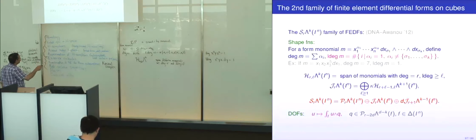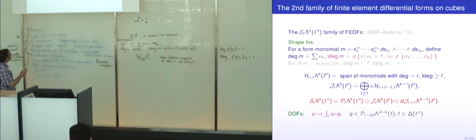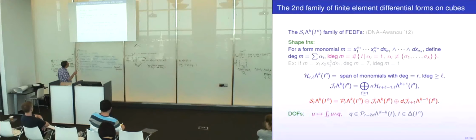definition in the next two lines, which defines our shape functions, which, if this popped into your mind, you're way ahead of us. It took us a long time to find this definition. So what we do is we take, these are going to be things we're going to add to P r lambda k. So these should be polynomials of degree higher than degree r, because we already have all of P r lambda k in our space.